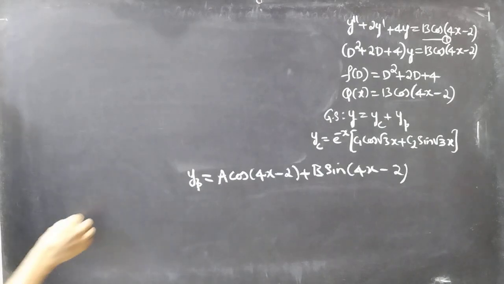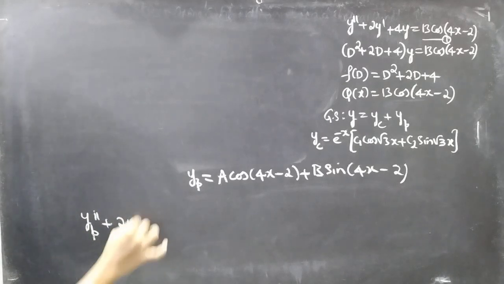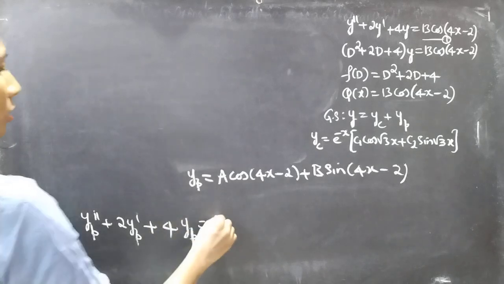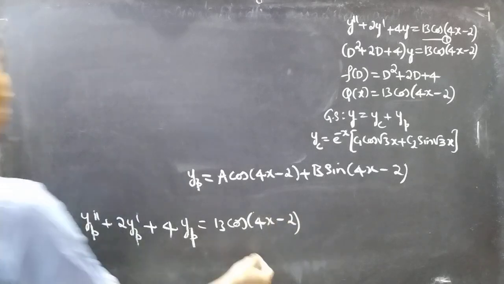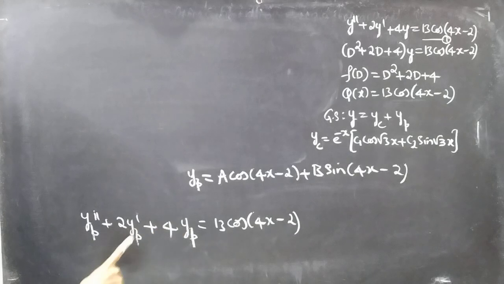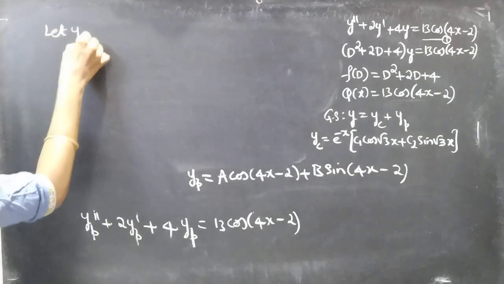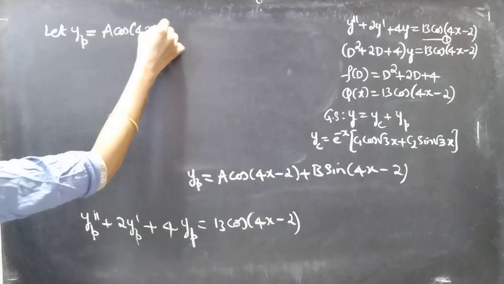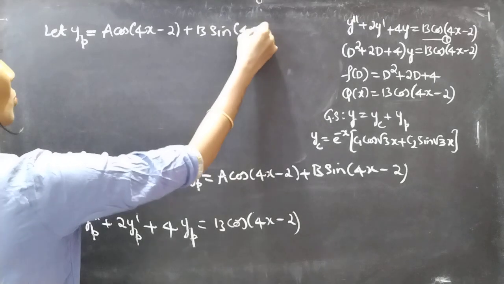You can write the given equation in terms of yp, then you'll get yp double dash plus 2 yp dash plus 4 yp equal to 13 cos of 4x minus 2. So this equation involves yp, yp dash and yp double dash, right? We have only yp, now we need to find yp dash and yp double dash. Let yp equal to a cos of 4x minus 2 plus b sine of 4x minus 2.